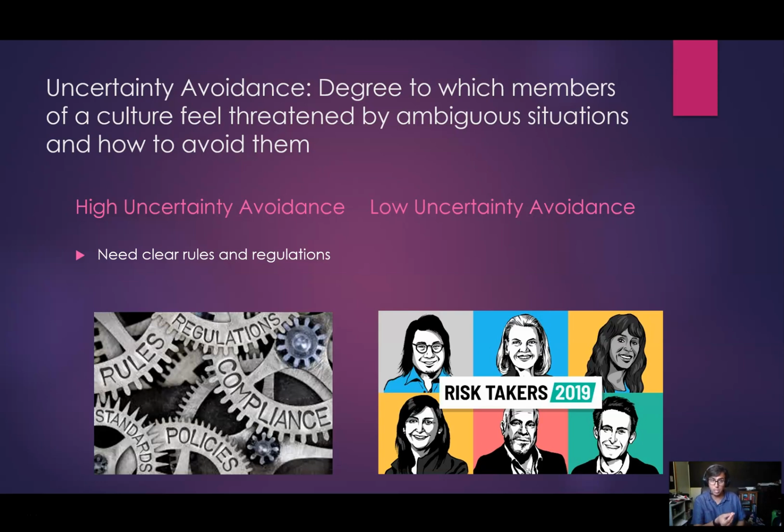Whereas in low uncertainty avoidance cultures, we feel less threatened by new and unexpected things and are willing to take more risks. Business: low uncertainty avoidance cultures may have benefits due to higher risk taking, whereas in high uncertainty avoidance cultures, clear rules and regulations might be more adapted to that type of style.